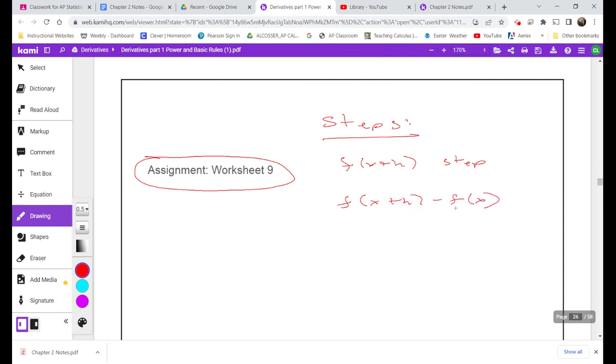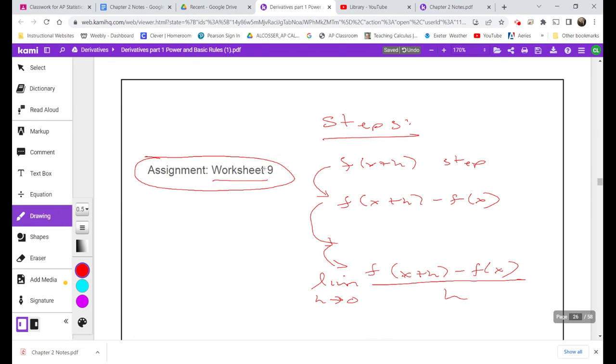And it's going to gradually work you through step by step to where you end up with f of x plus h minus f of x all over h, and it's the limit as h approaches 0. They're just walking you through the steps. Again, worksheet wise, this is the last time we have to worry about it for the limit definition.